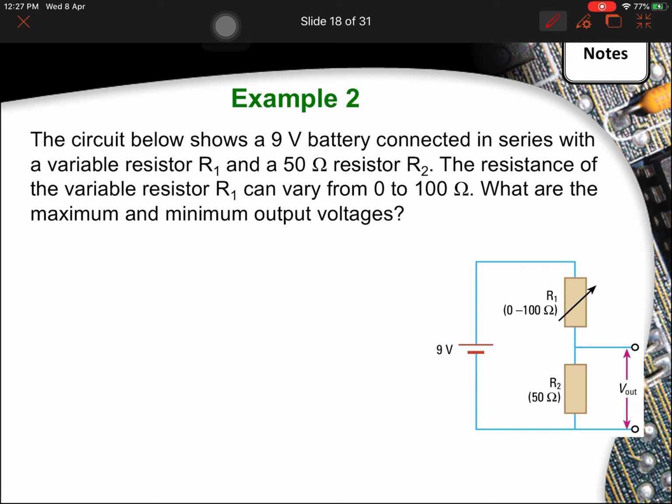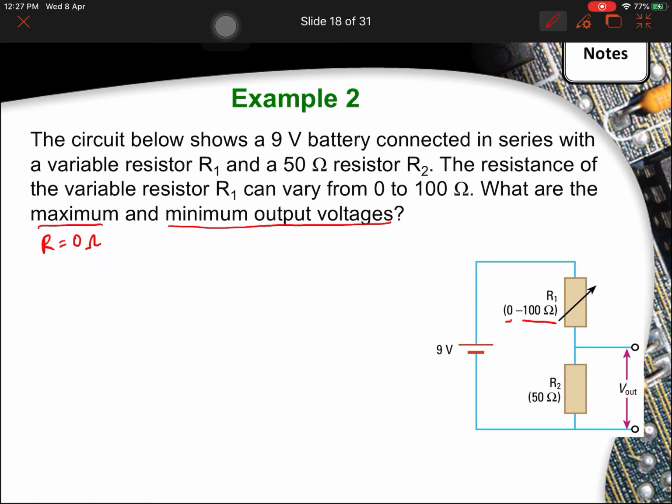Okay, pause here and try this question on your own. Alright, now the question asks us for maximum and minimum output voltages. So when will that happen? That will happen when your R1 is either 0 ohms or 100 ohms. Now, I may not know when my V out is maximum or minimum, so I'll just try it out first.